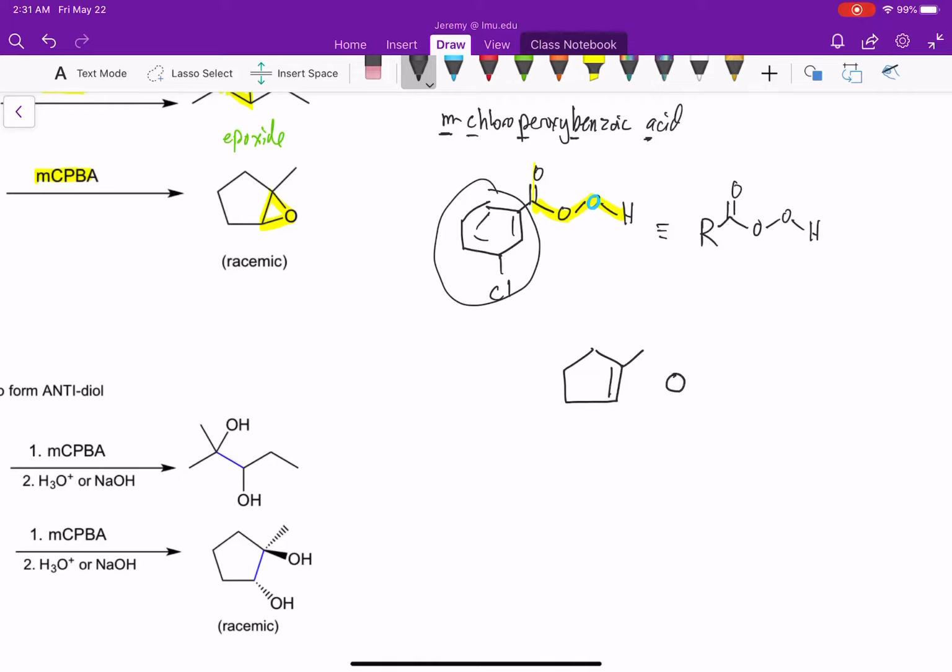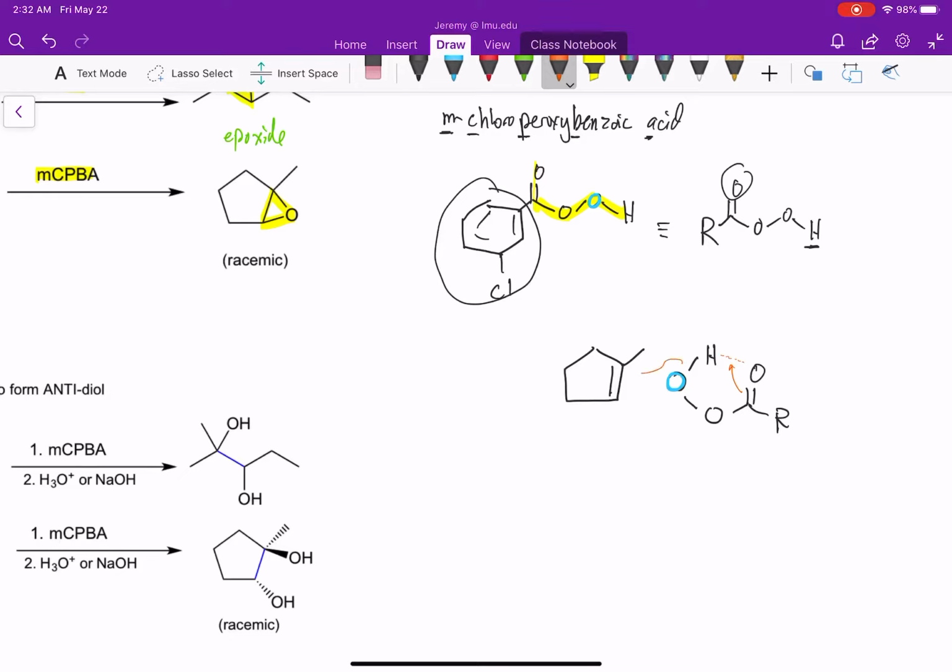The key to the mechanism is drawing our MCPBA molecule in the right way, and it basically folds up on itself, where this hydrogen bends around and is near that double bond O. When we draw it the right way, we can look at the mechanism where this double bond is going to form a new bond from the O to H. That causes those electrons to attack that carbon.